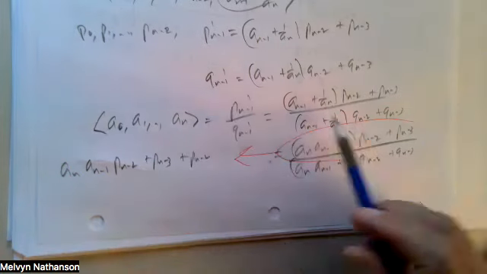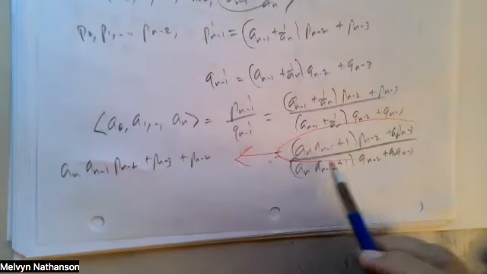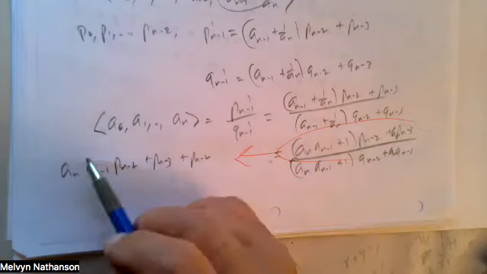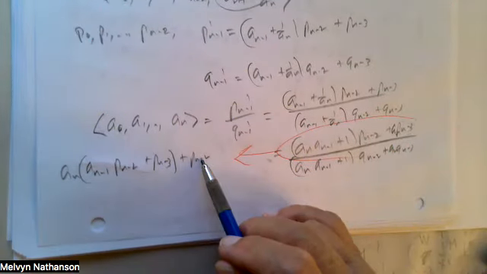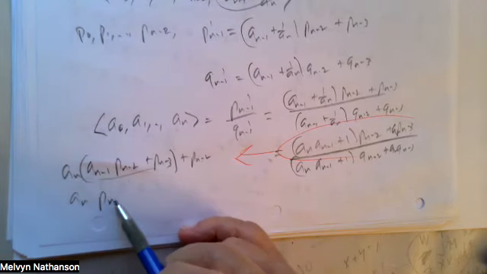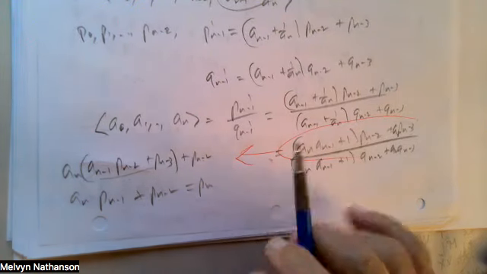Oh, sorry, when I multiply through by AN, I get AN here. So it's AN minus 1, Pn minus 2 plus AN, Pn minus 3, that's this, plus Pn minus 2. But this is Pn minus 1, which is exactly how we define Pn.